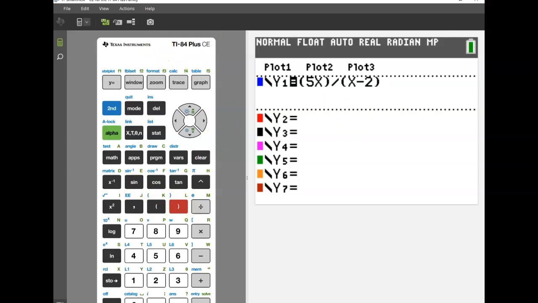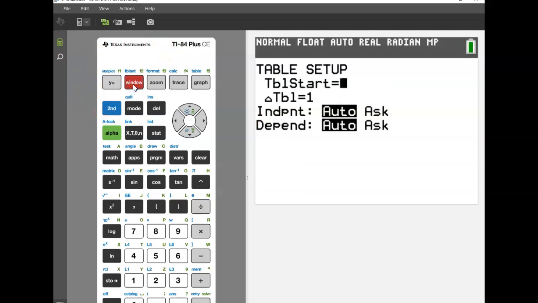Put this equation in, and then if you go second window, we don't want it to generate a whole table of values for us. We are going to type in the x value we want. So go down to this, and I want it to give me the ability to ask me for an independent variable, and then I want it to automatically generate the y that goes with that.